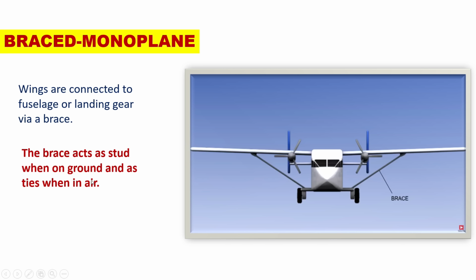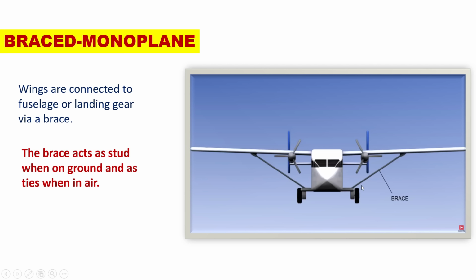What do you understand from this? Brace acts as a strut. A strut is what? That is there to resist the compressive load, right? So when this aircraft is on the ground, the wings will be applying a force like this, right? They will be tilted downwards. So this will get compressed, obviously, right?